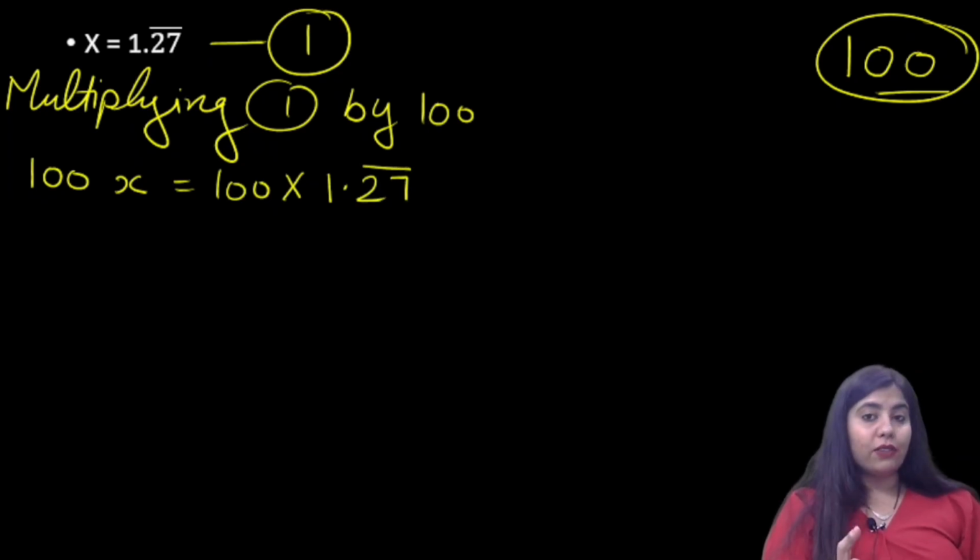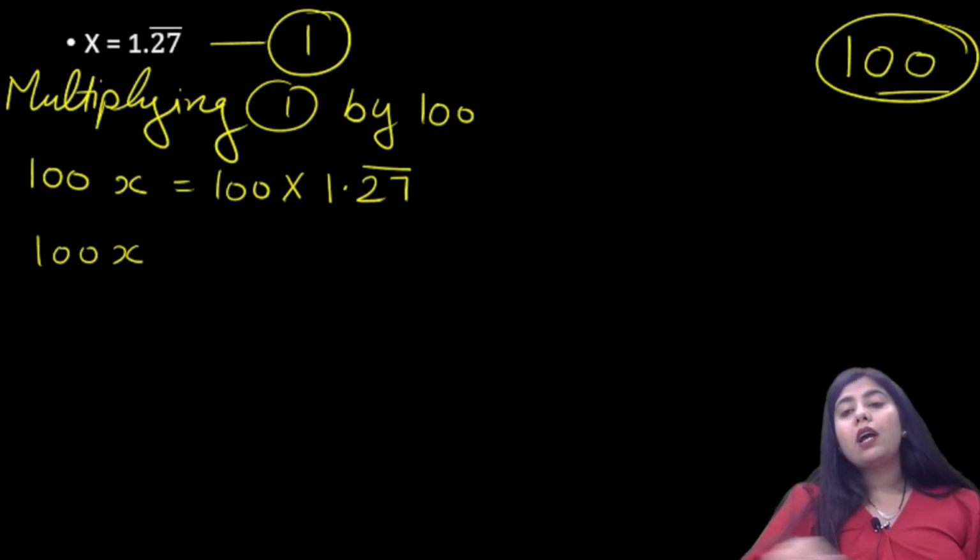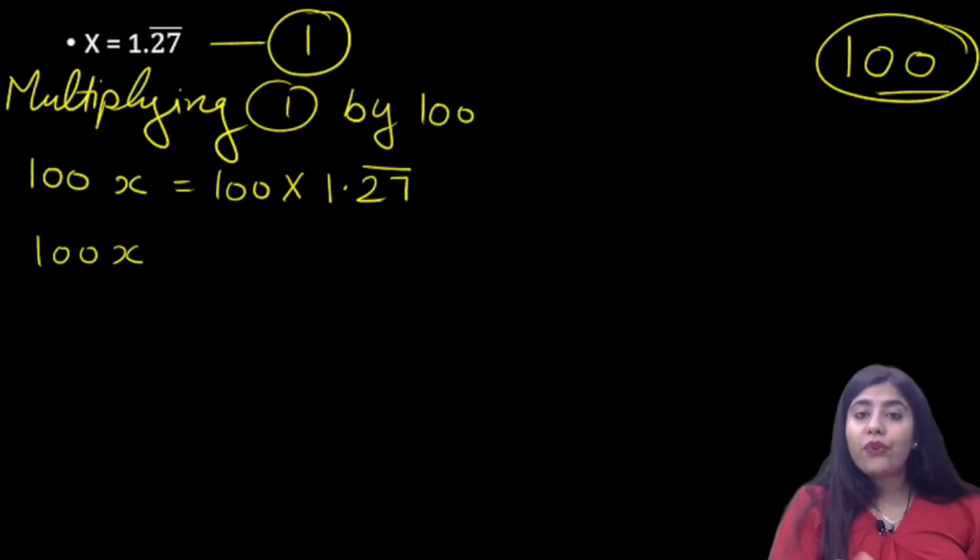Now listen carefully and see carefully also. On the left hand side there is 100x. We are writing 100x as it is. Now see the right side. On the right side, what is given to us is 100 multiplied by 1.27 bar. I am writing 100 as it is, multiplied.